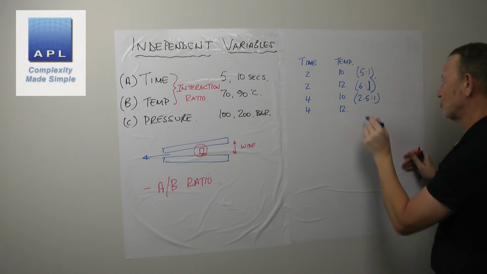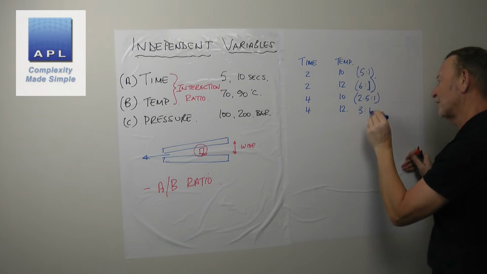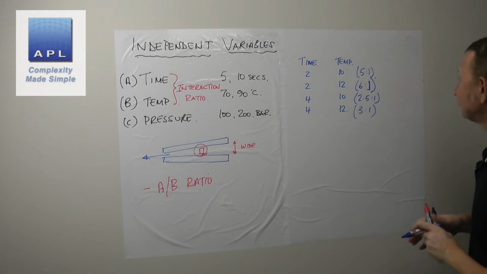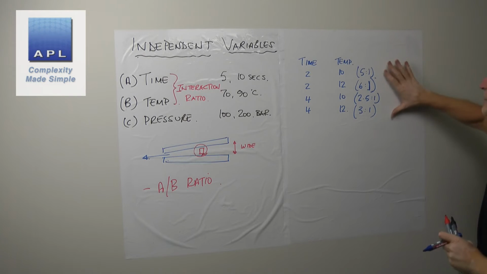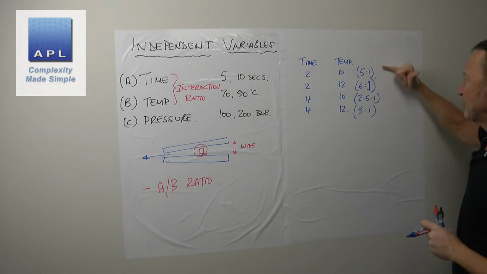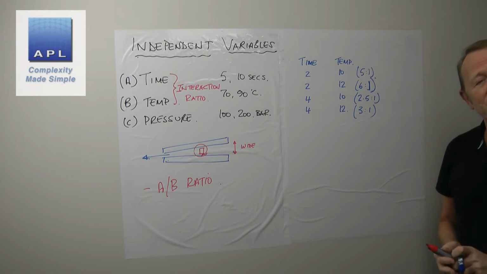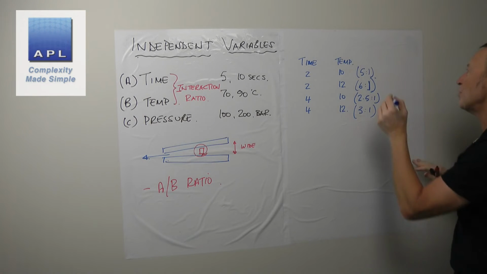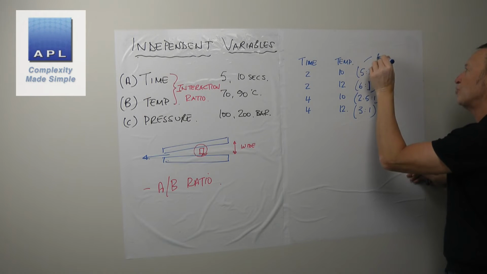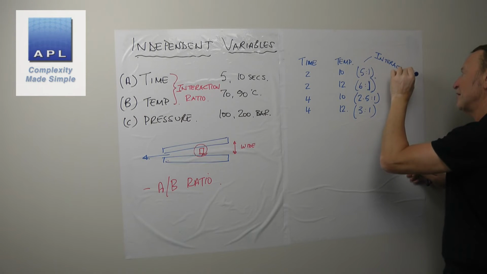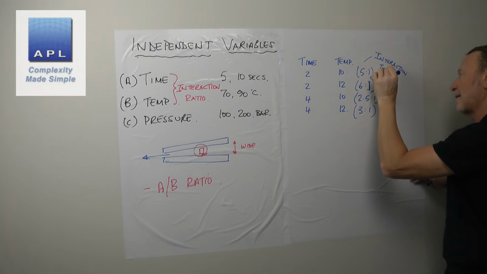And here it's 4-to-12, which is a 3-to-1 ratio. So you can see that naturally in the experiment, the ratio is being moved. And what would happen here, that would show up, if that was important, as the interaction term.